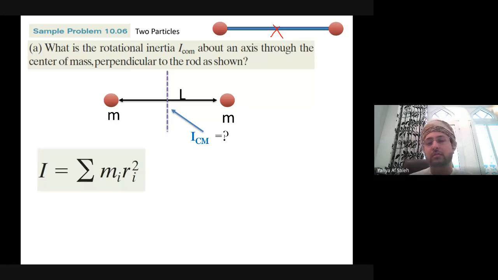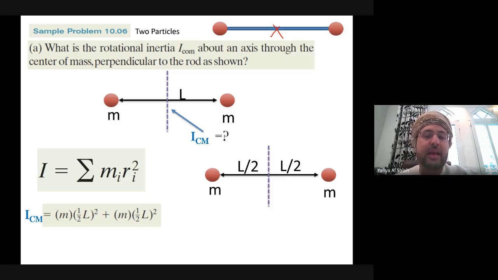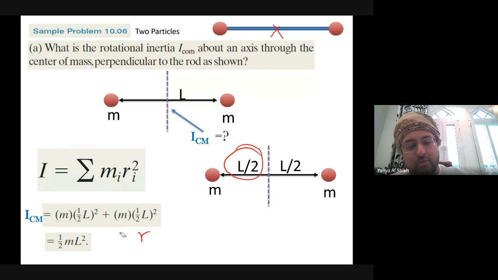My length between them is L. Each one of them is of mass M. My I is mr squared. Now, each one of them is half L away from the center of mass. So I have M half L squared plus M half L squared. And I end up with half ML squared.